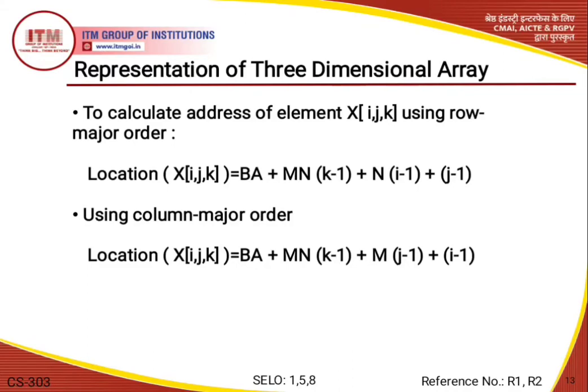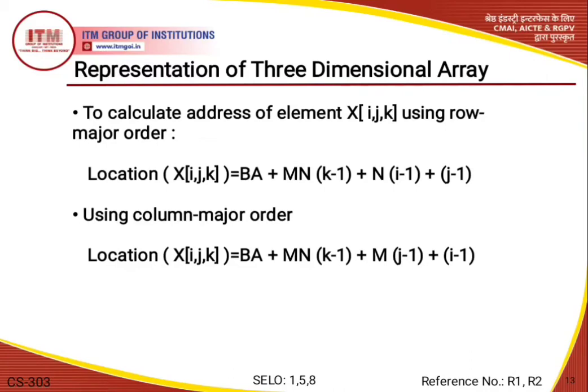The representation of three-dimensional memory is based on the calculation of address, where we calculate the address of element Xijk, because it is a three-dimensional array, so it is denoted in the form of ijk using the row measure order. Similarly, as in a two-dimensional array, again we are calculating the address on the basis of row and column.